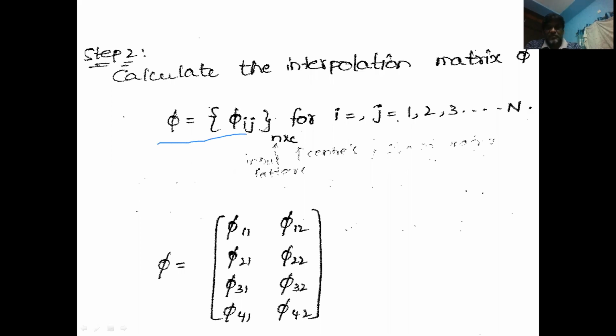The interpolation matrix is phi ij, identified as a matrix like this: phi 1 1, phi 1 2, because we have two hidden neurons, and phi 2 1, phi 2 2, phi 3 1, phi 3 2, phi 4 1, phi 4 2.